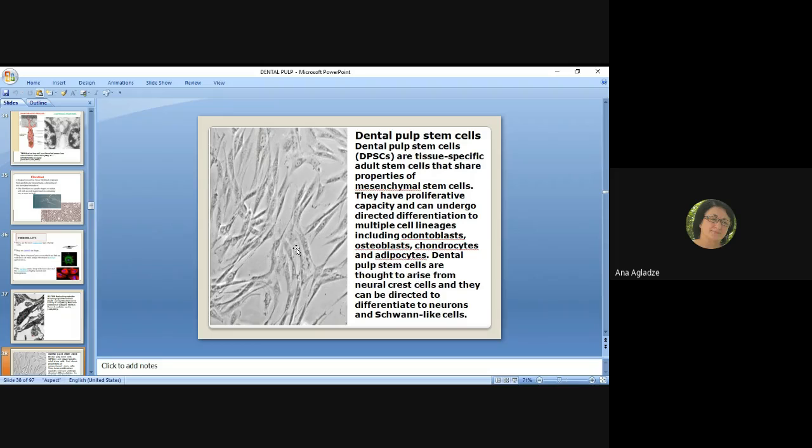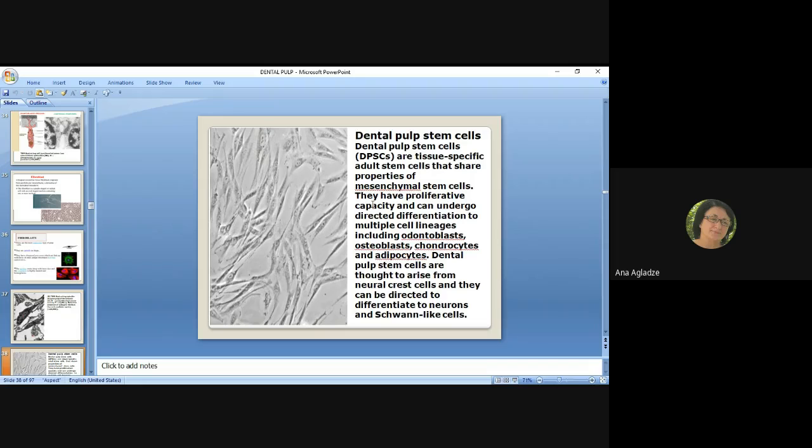This population of cells in the dental pulp can produce chondrocytes, osteoblasts, and other cell types; they have adipogenic ability, osteogenic ability, chondrogenic ability. They can also be made to differentiate into both neural and vascular endothelial cells.